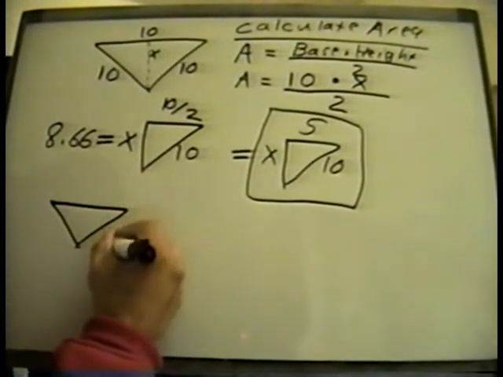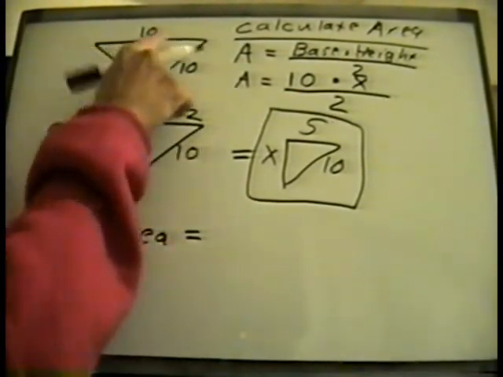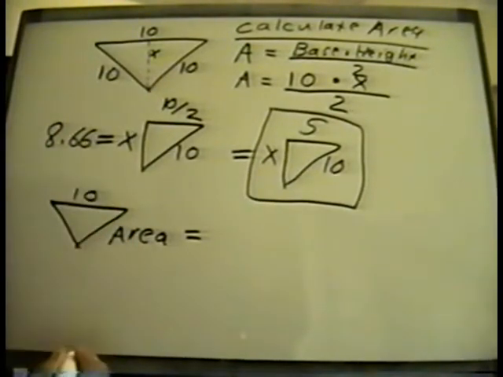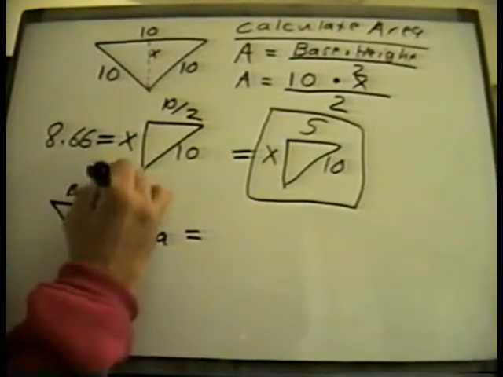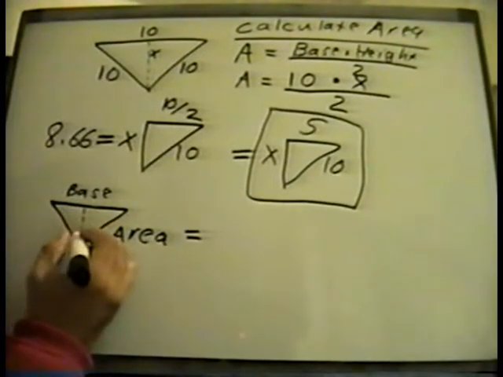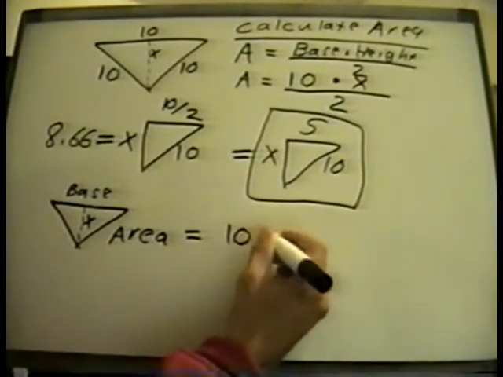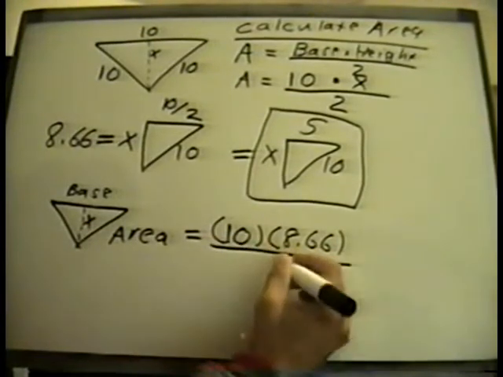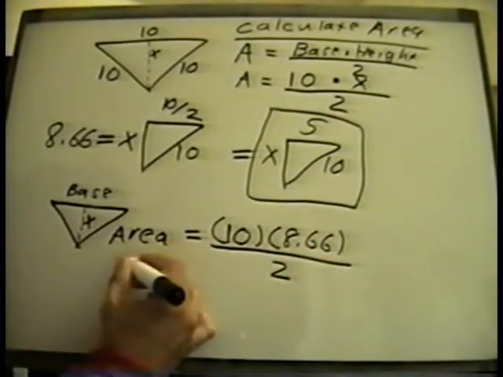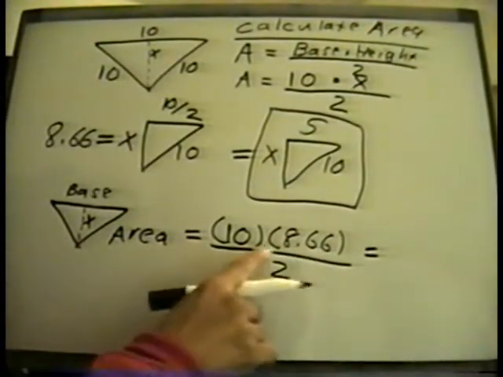So here, for calculating the area for our entire triangle, the area is the base of this entire triangle, which is 10, times its height, which is x. You go 10 times 8.66 over 2.